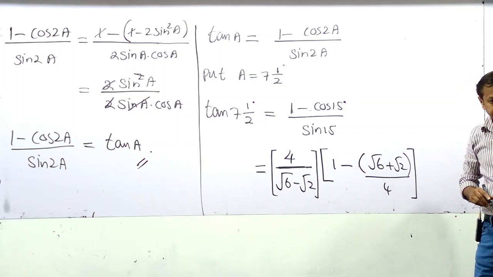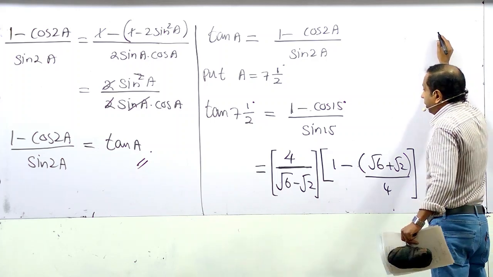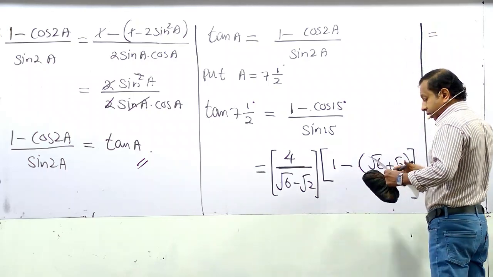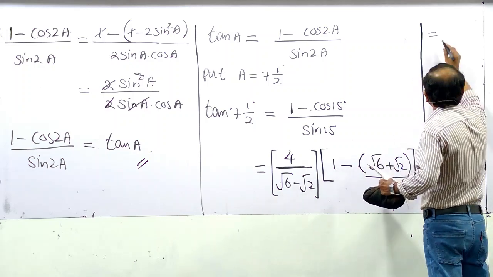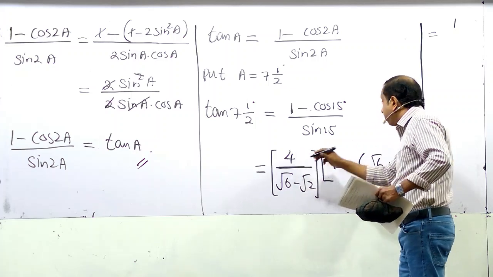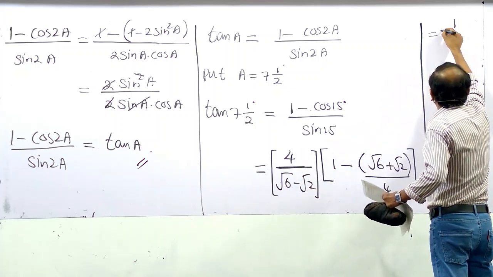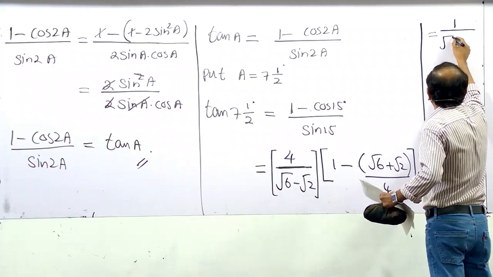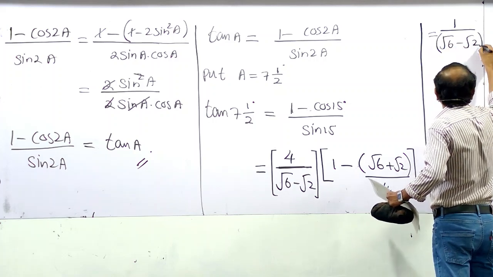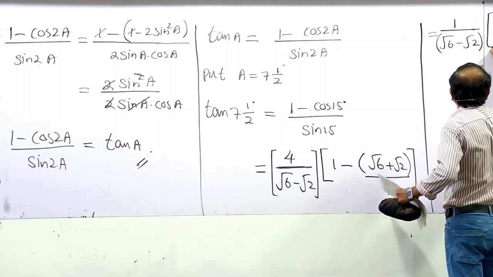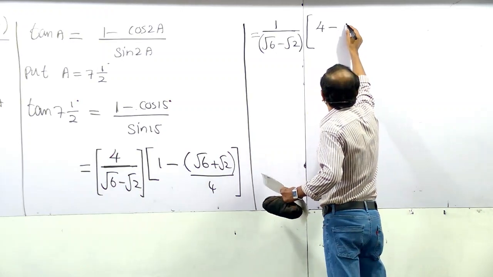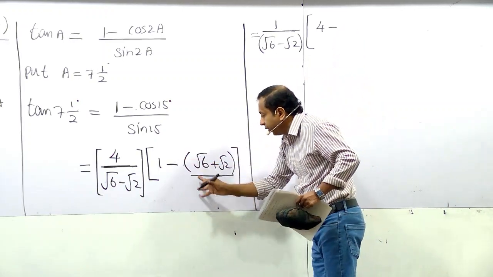Am I correct? Yes. Then I can write the next line like this. Once I bring this inside the bracket to multiply these 2 terms, here we have 1 upon root 6 minus root 2.